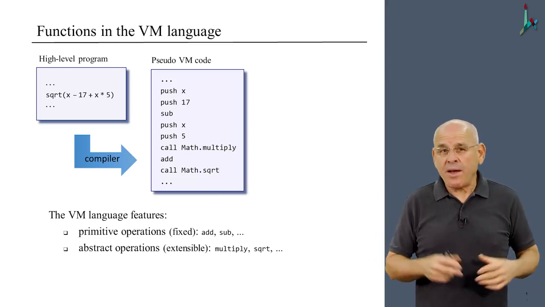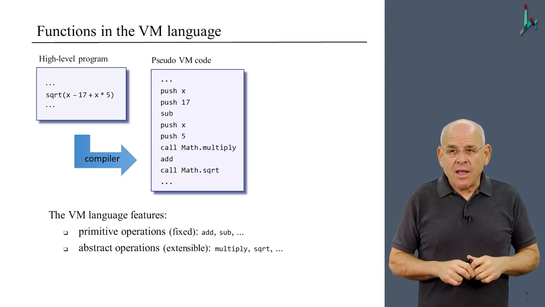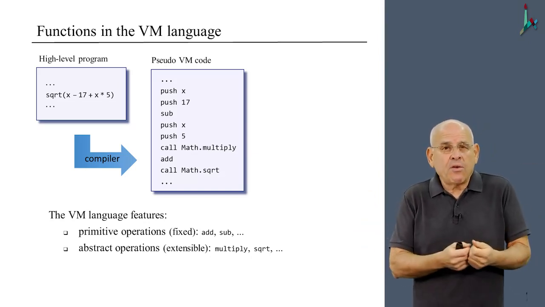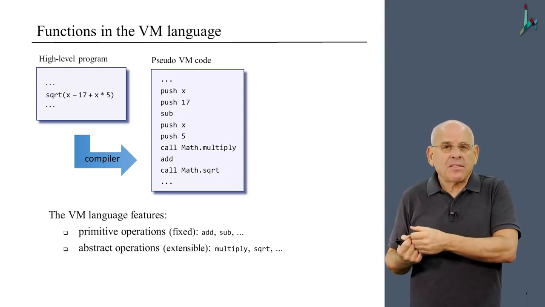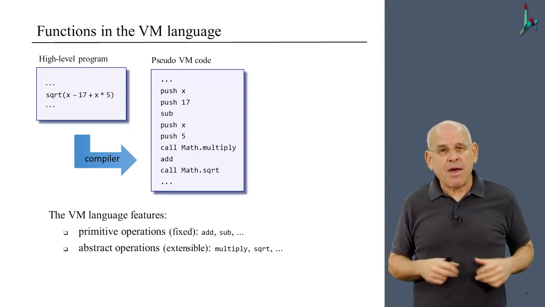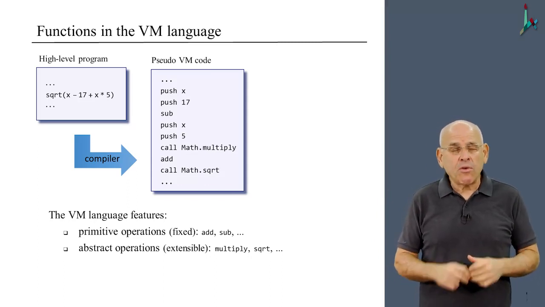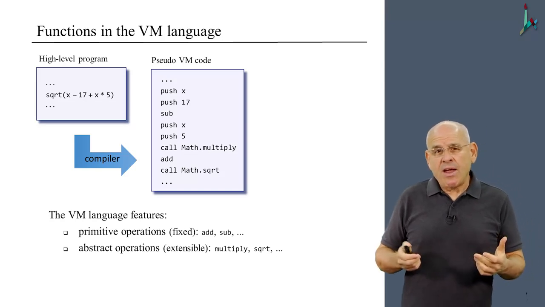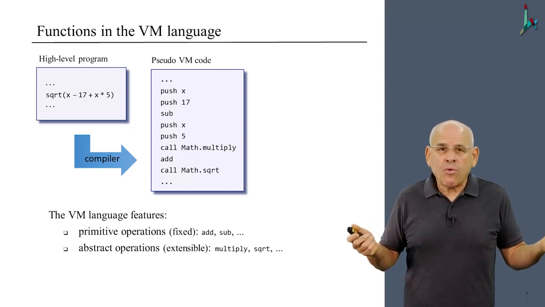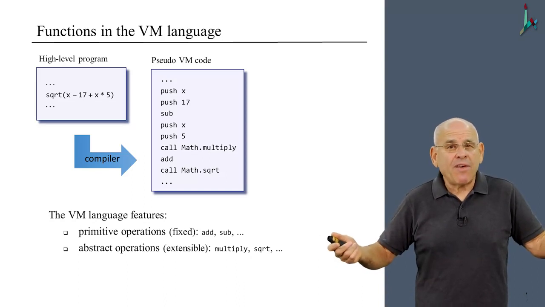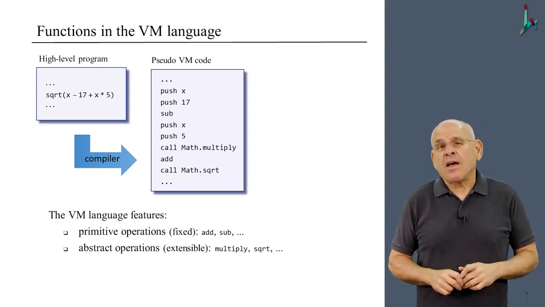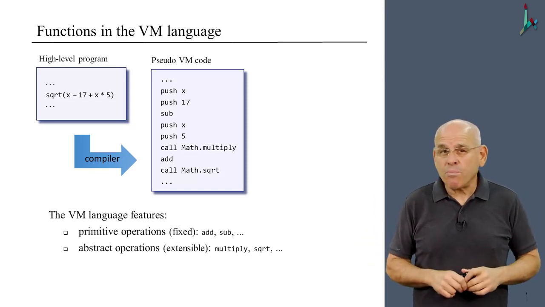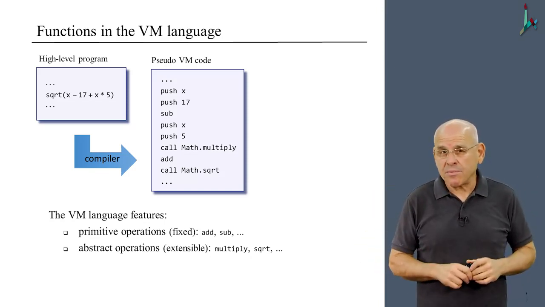But there are only so many such operations. If you want to use other operations, well, you either use functions that someone else has already written, like math.multiply and math.sqrt, or you can write functions of your own. And once again, you have this wonderful freedom to create and use as many functions as you fancy. In that respect, the VM language is unlimited. You can extend it as you please, which is incredible.